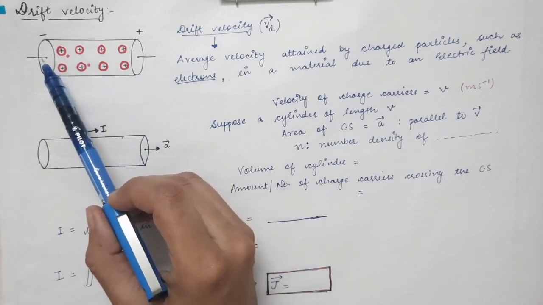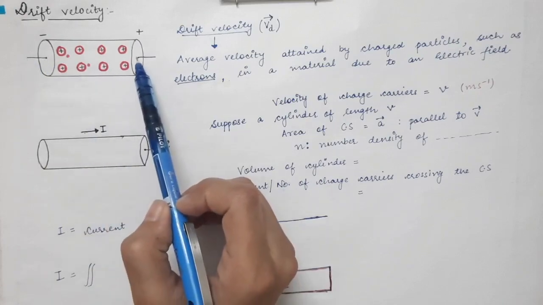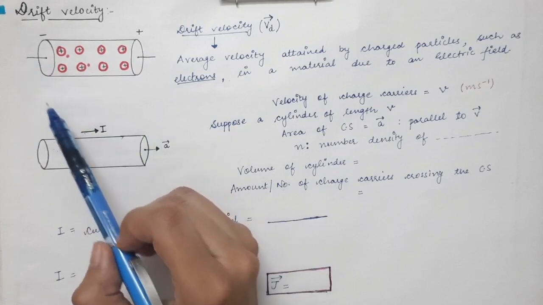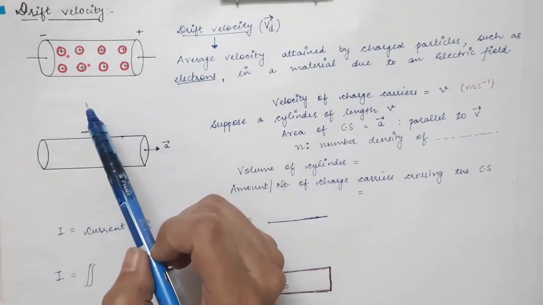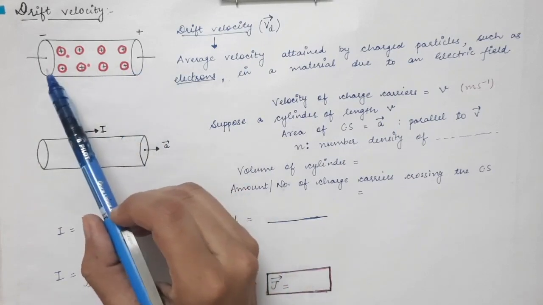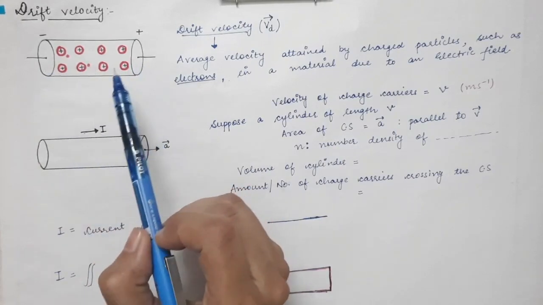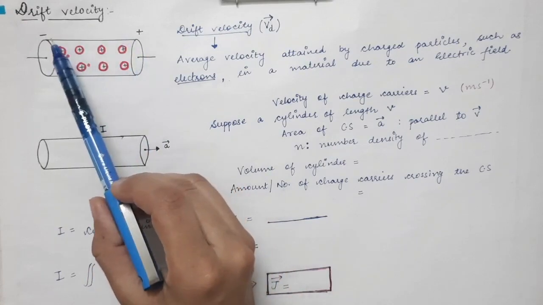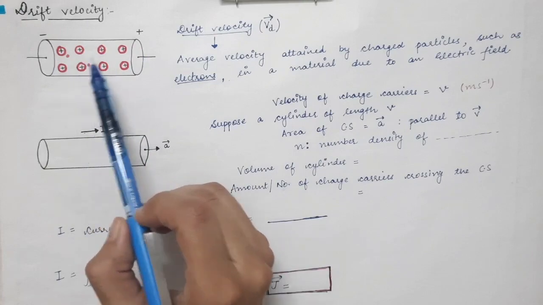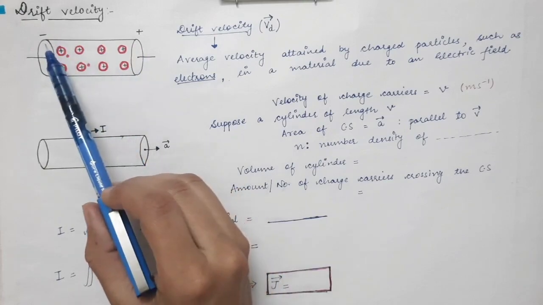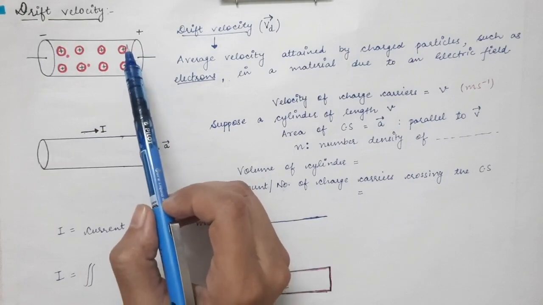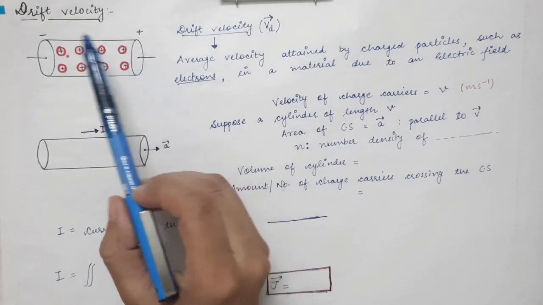If I apply a battery on both ends of the conductor, that is, I apply a certain voltage, or you can say a potential difference across the ends of the conductor, then an external electric field will be present on all the charge carriers, between this end and this end. The electric field's direction is always from positive towards negative.